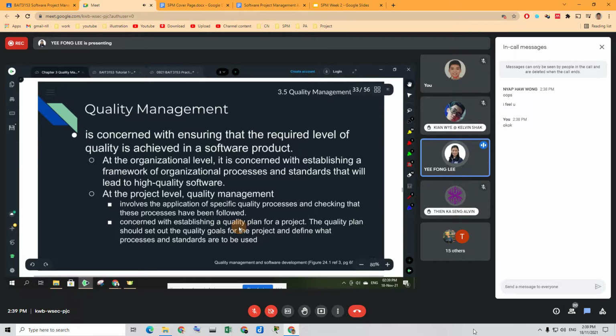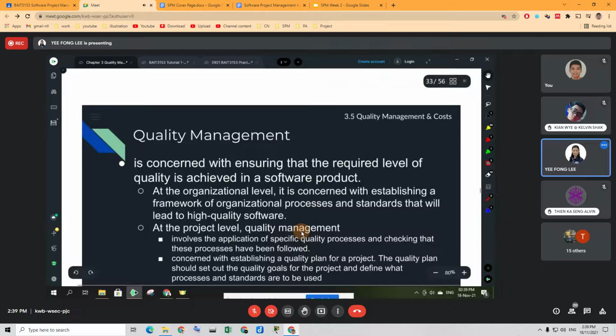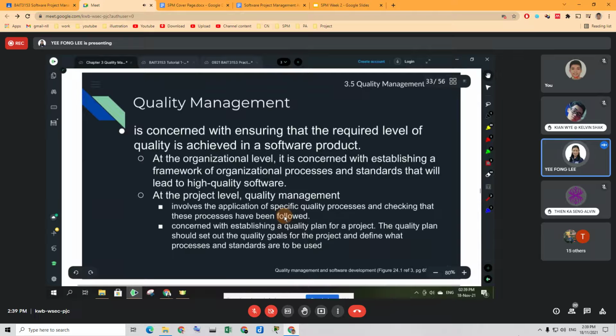Today, quality management. Our lesson today is important. Next chapter, number 4, is on metrics. This chapter and the next chapter are relevant to one another. We learn what quality management is about, some specifications that we need to place in our project management plan, and then the types of metrics available.